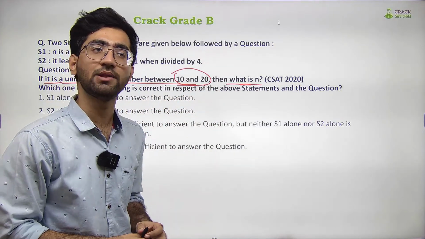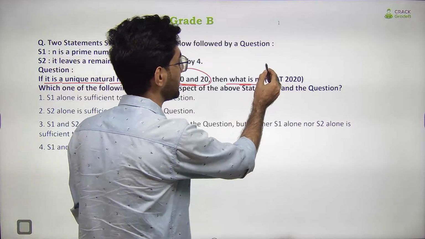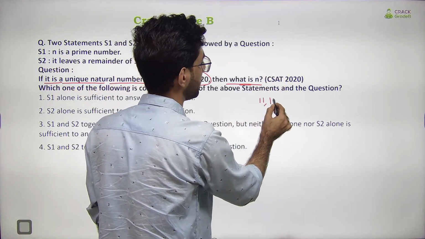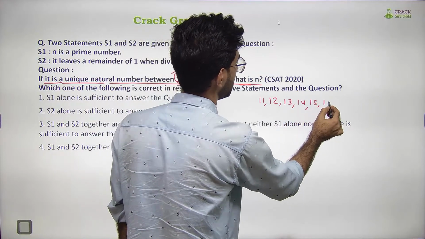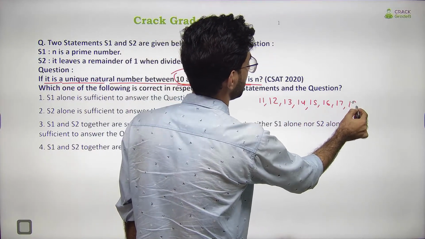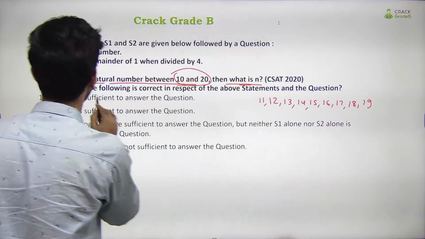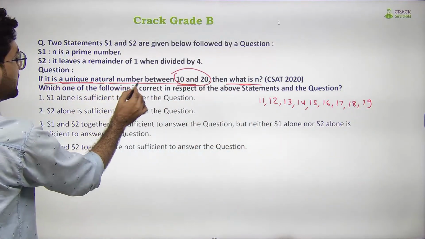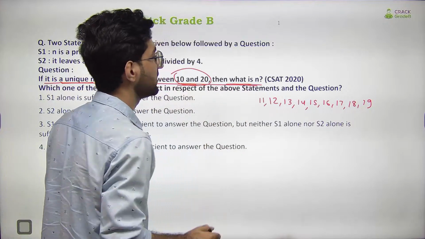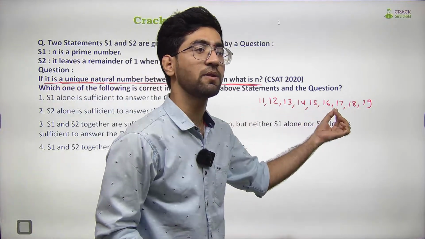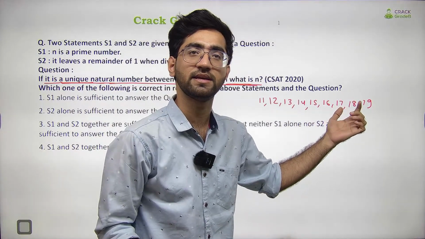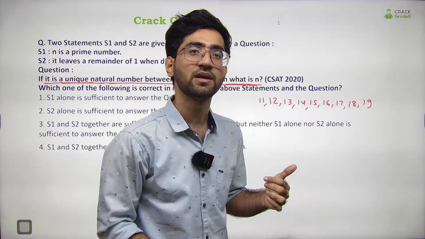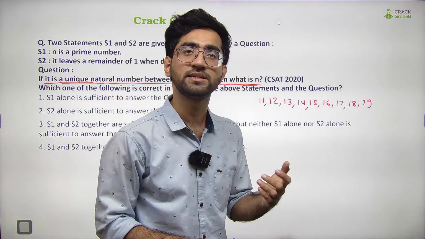The possible values of n are 11, 12, 13, 14, 15, 16, 17, 18 and 19. Now we will look at both statements separately.